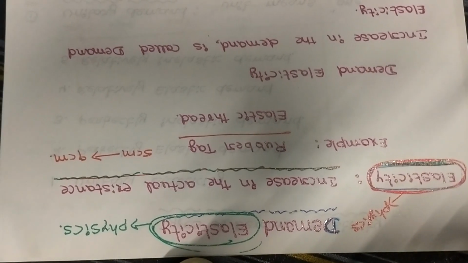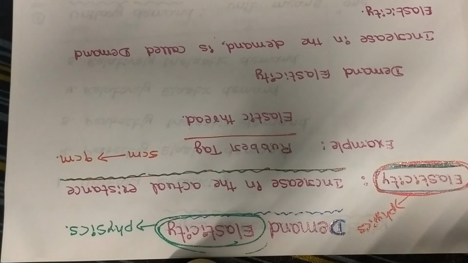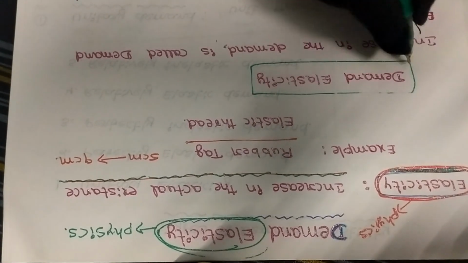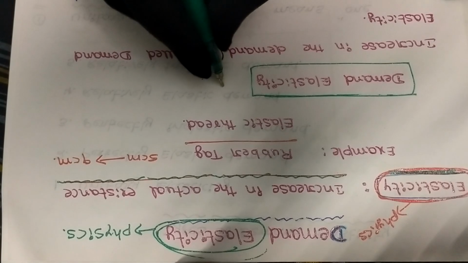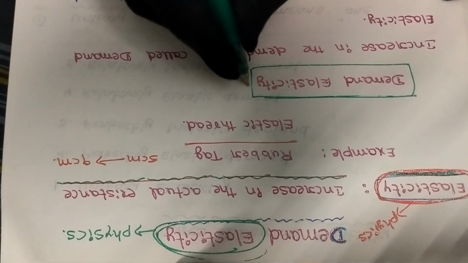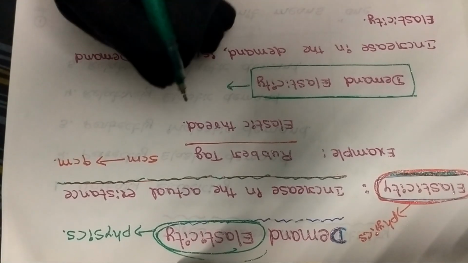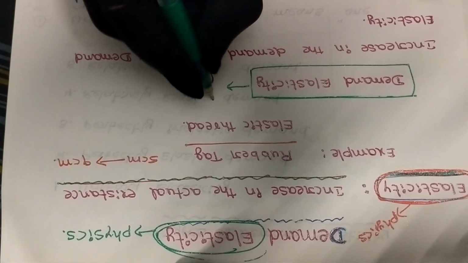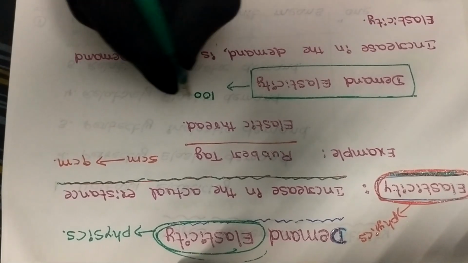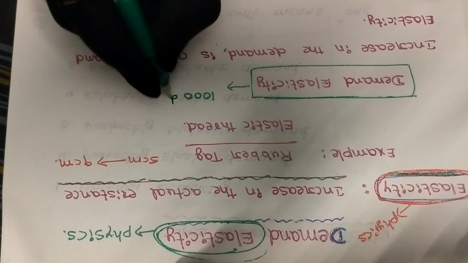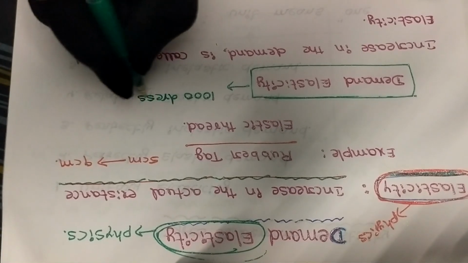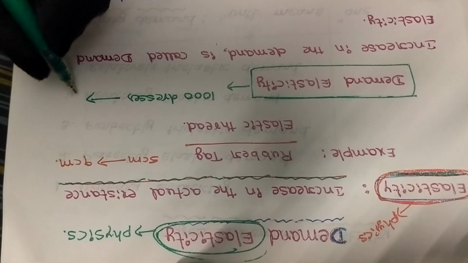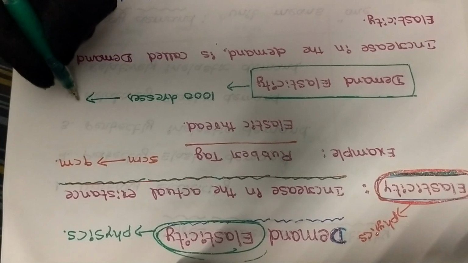Now let us see the actual meaning of demand elasticity. When the demand increases, it is called demand elasticity. Example: last day we had a demand of 1,000 dresses. Due to the festival today, there is a great increase in the sales.